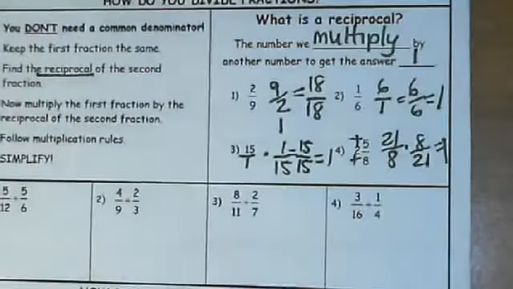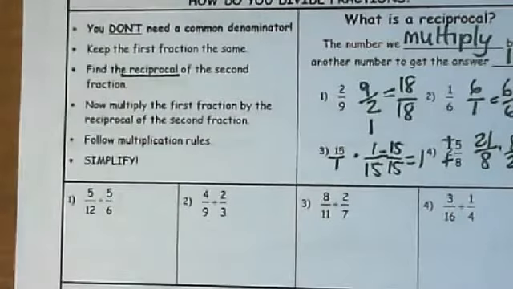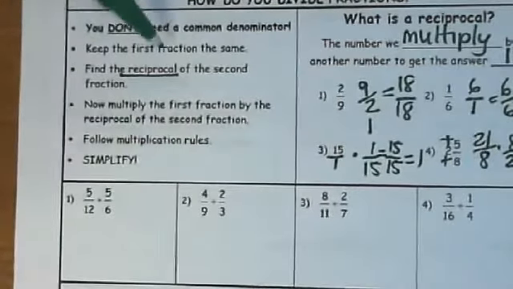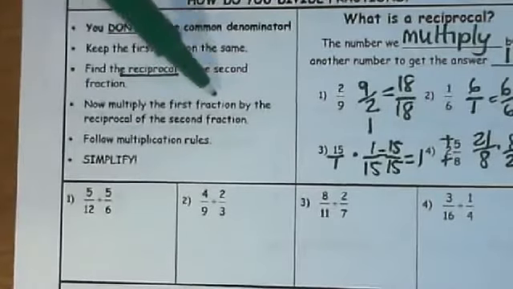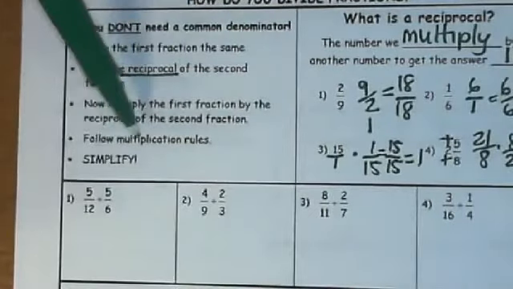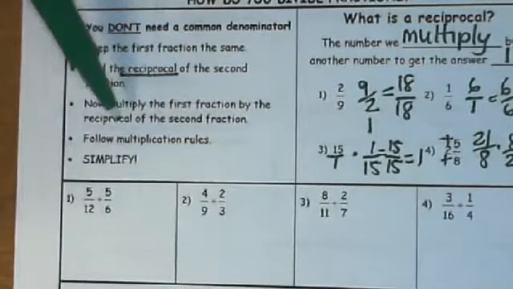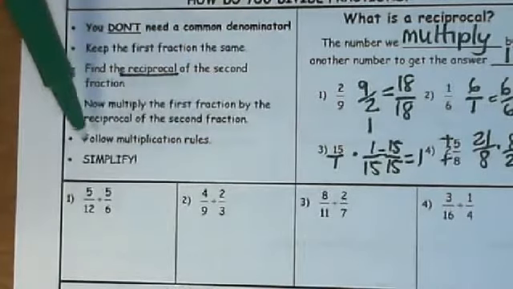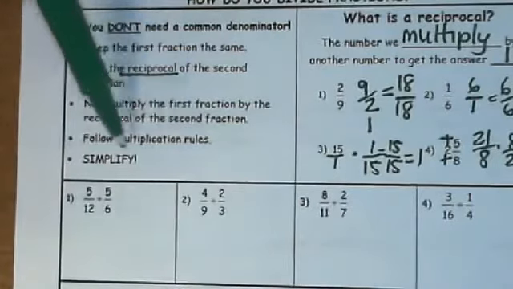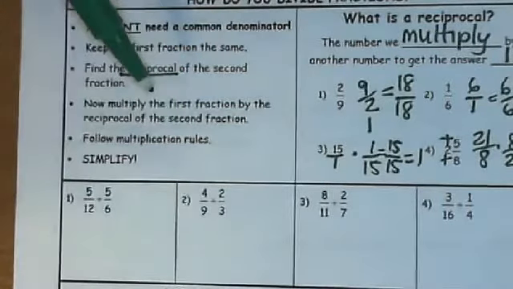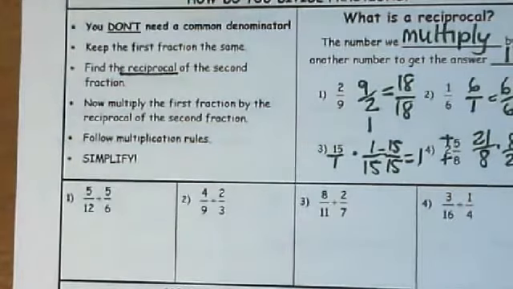So in dividing fractions, once we find the reciprocal of the second fraction, we're going to multiply the first fraction by the reciprocal of the second fraction. Follow multiplication rules. Remember, in the multiplication rules, you're going to multiply the numerators together and then the denominators together and then simplify.